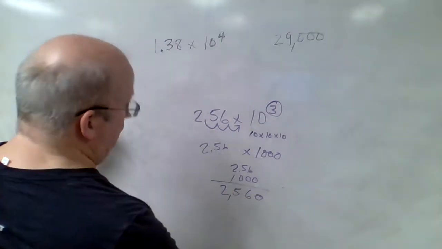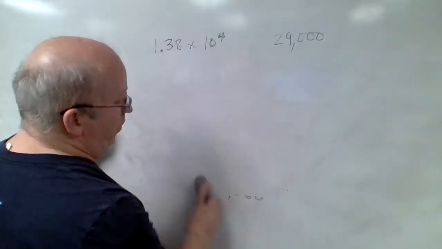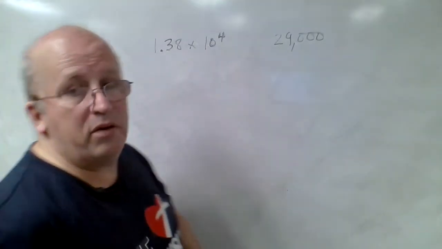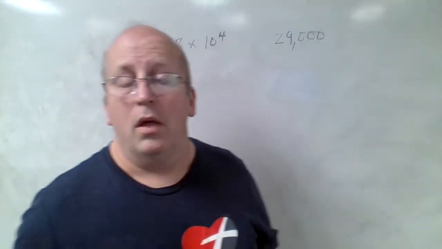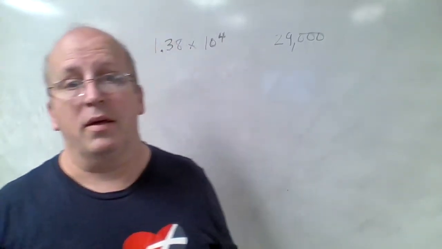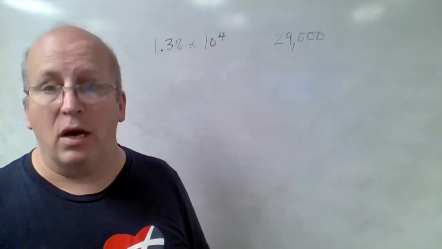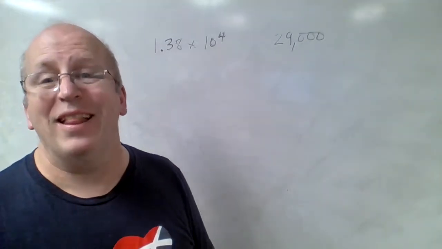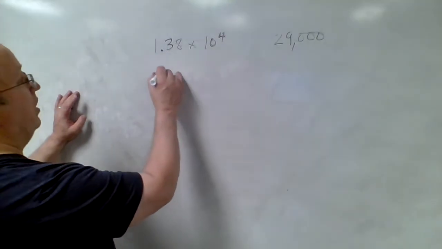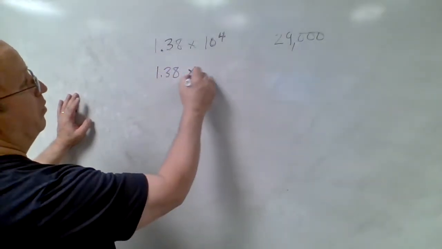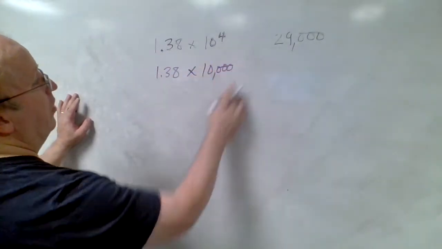So, same thing up here. 10 to the 4th is really 10 times 10 times 10 times 10. And what is 10 times 10 times 10 times 10? 10 times 10 is 100, times 10 more is 1,000, times 10 more is 10,000. This is really the number 1.38 times 10,000.